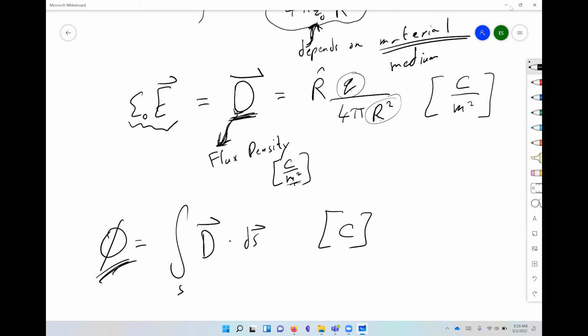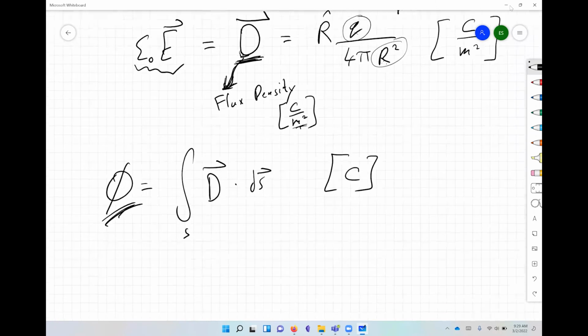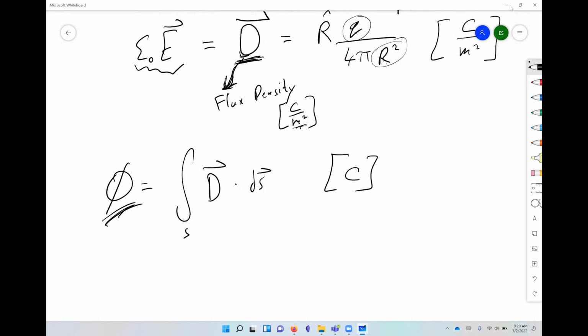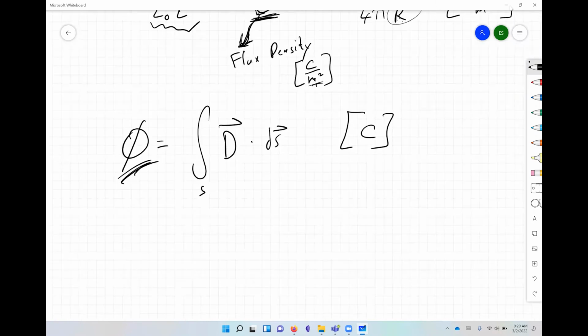We can solve the problem in general with D, which has no medium dependency. And then after that, we can find E at every point in space, depending on what the material is at that point in space.